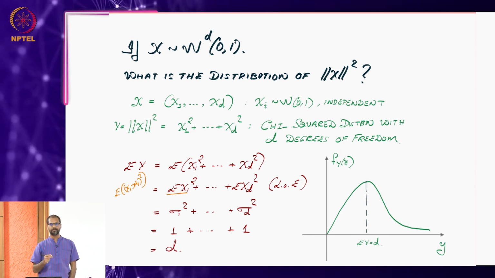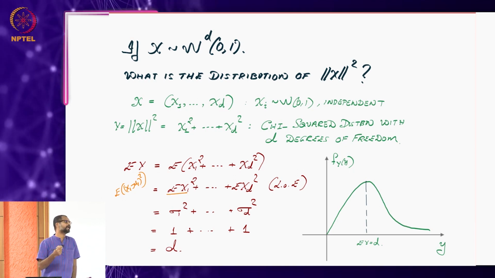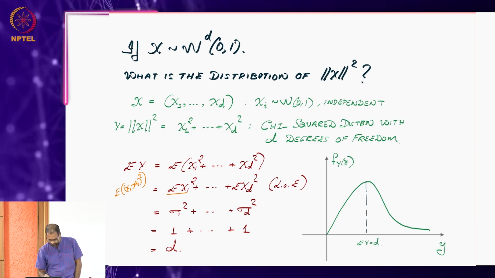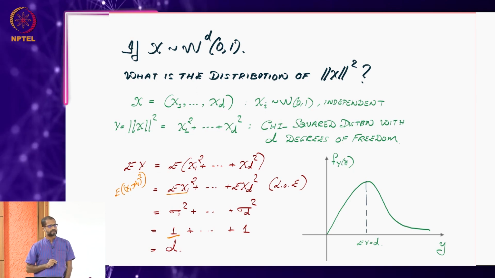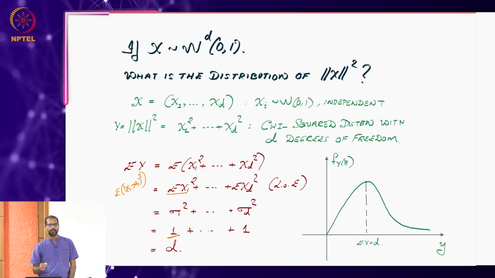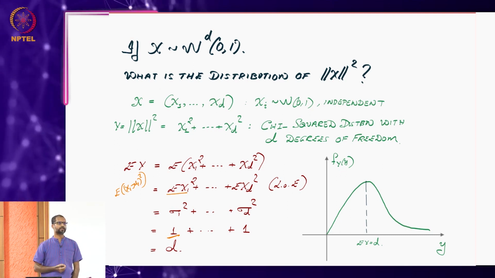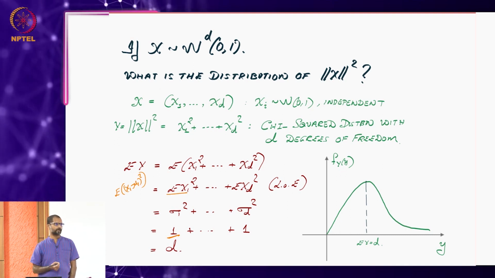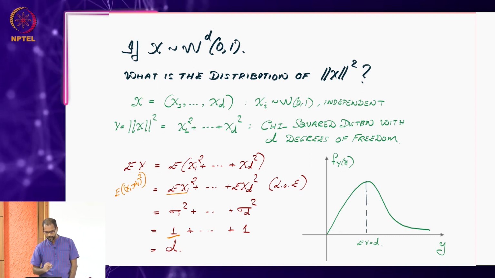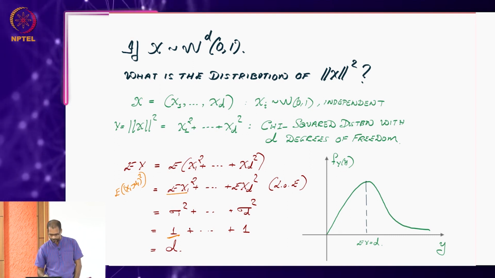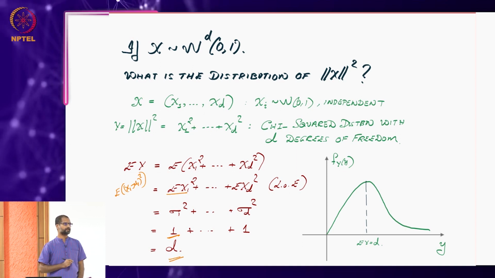This is the variance. We already know the variance because it is a standard Gaussian, its variance is 1. Same thing with E of x2 squared, it is a second moment, but since the mean is 0, it is the variance, sigma 2 squared, which is also 1. So all these terms are 1, you are adding up 1 d times, so you get d.